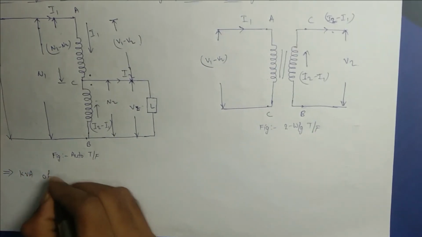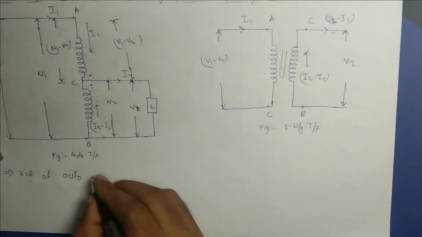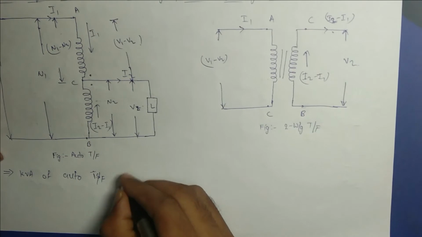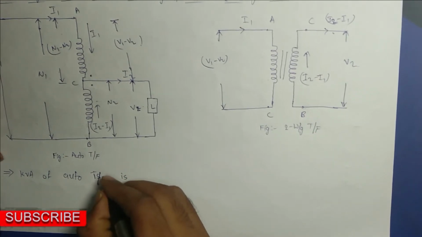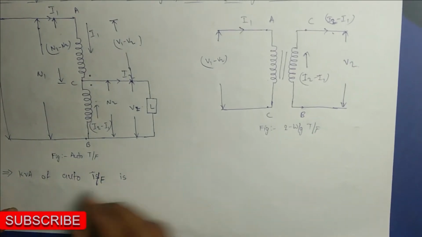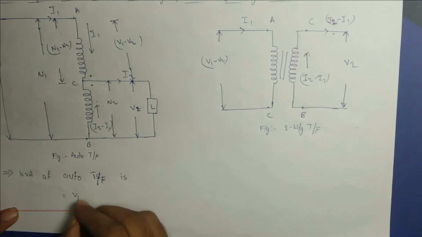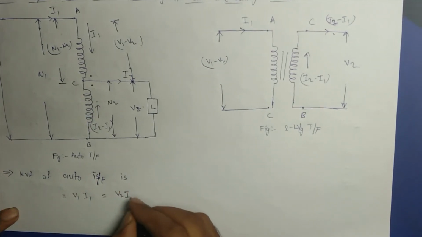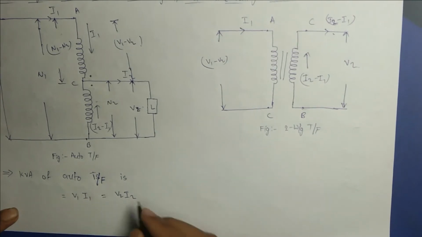Now, kVA of auto transformer is V1 I1 or V2 I2. It is primary side, it is secondary side.